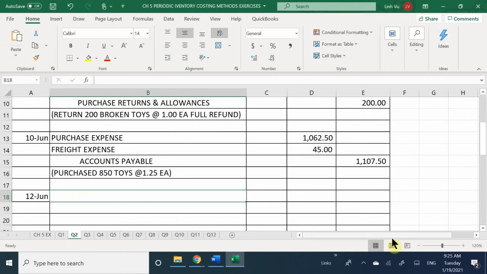Accounts payable, yes, because we're being credited money, right? Okay. And then what is the account that we're actually going to be recognizing this return for? Would be purchases, returns, and allowances. Purchase returns and allowances, yes.